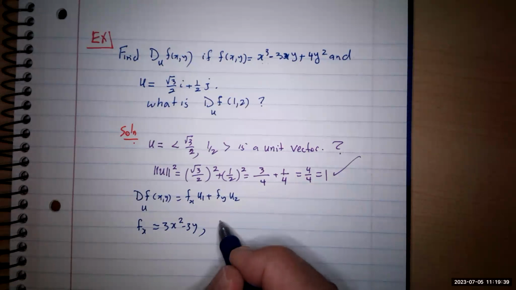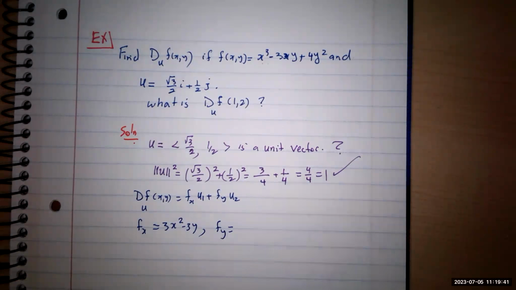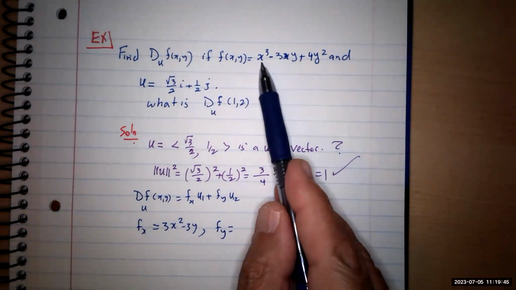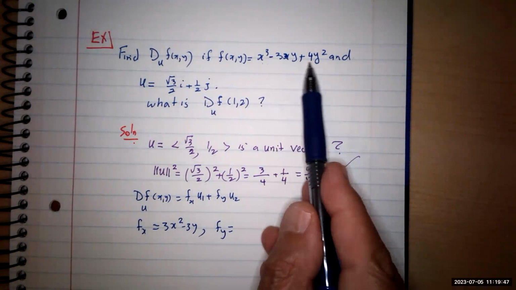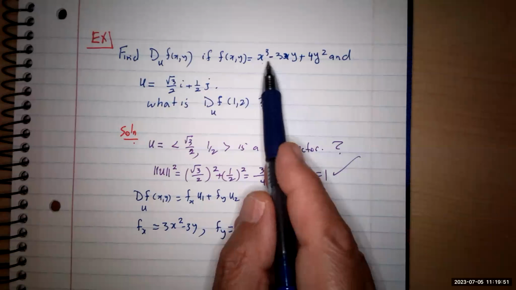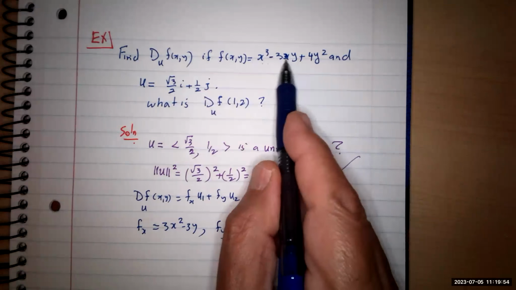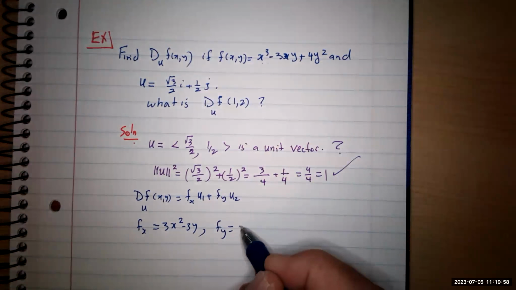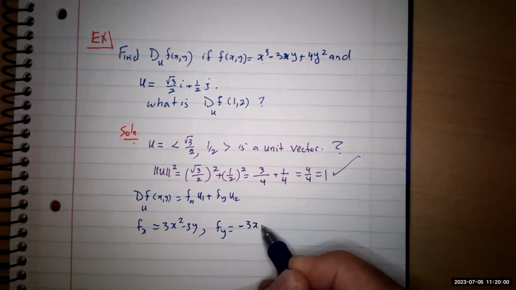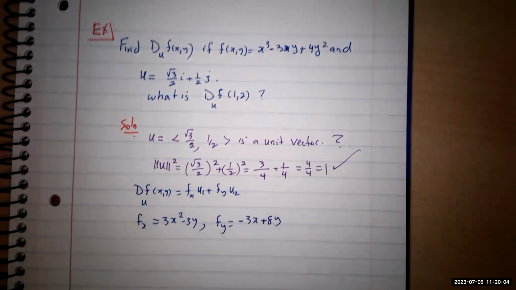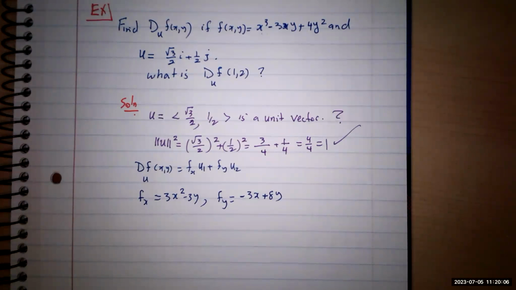Partial derivative with respect to y, this would be 0. That's a negative 3y plus 8y. Okay, it's going to be negative 3x. That's 3xy. So it's going to be negative 3x plus 8y. That's it. And you already got u1 and u2.